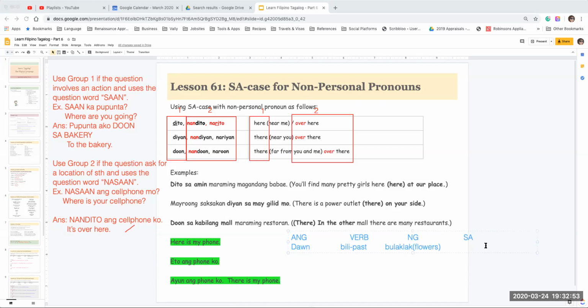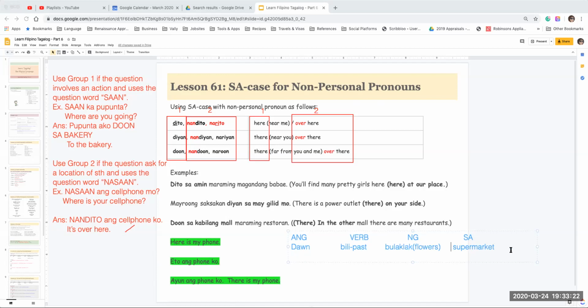So we're going to say Don bought flowers at the supermarket. Don, as in your name, right? Yes.